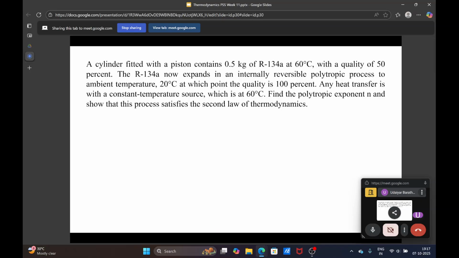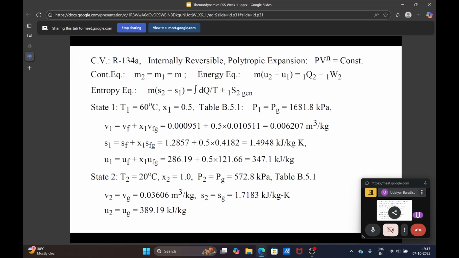We need to find out the polytropic exponent, and ambient temperature is 20 degrees Celsius, and the final state is at 100% quality. So that means the saturated vapor. So the heat transfer is happening at a constant temperature of 60 degrees Celsius. So we'll see how to solve this.